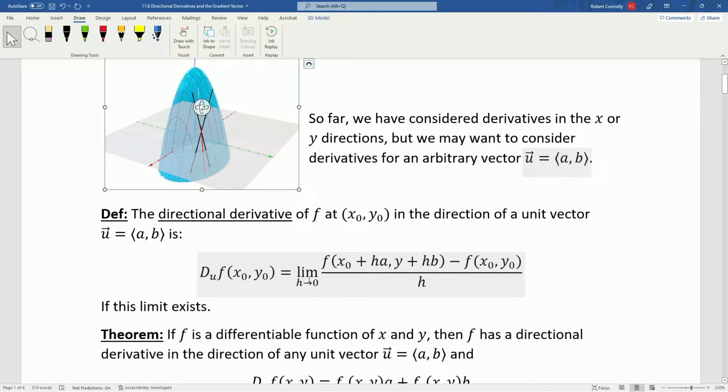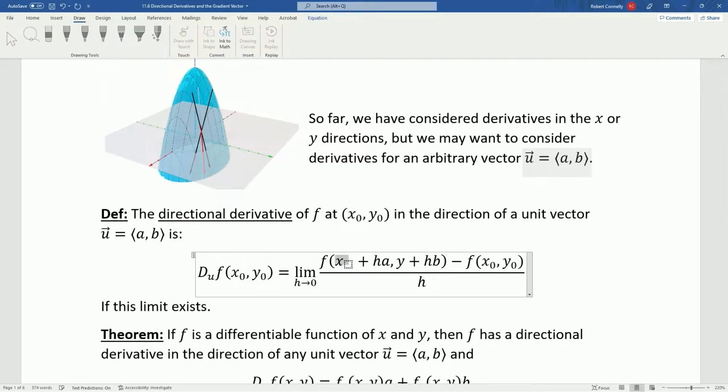It equals the limit as h goes to 0 of f of x naught plus ha, y naught plus hb, minus f of x naught, y naught. (Correcting a typo on the slide: both of these should be x naught and y naught.)